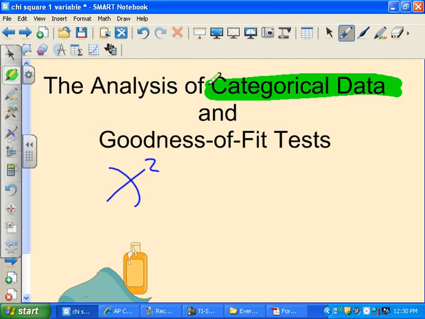Remember the 2 branches of data, categorical and numerical. We had proportions and we had means. We could count how many people out of how many decided to vote for the president. Proportions, numerical. Means, numerical. Today, categorical data, where it doesn't make sense to average it.